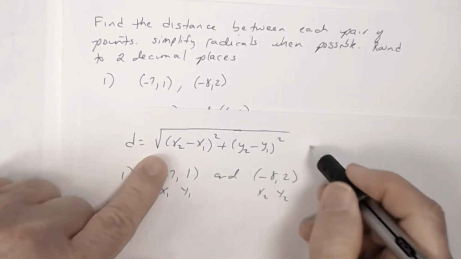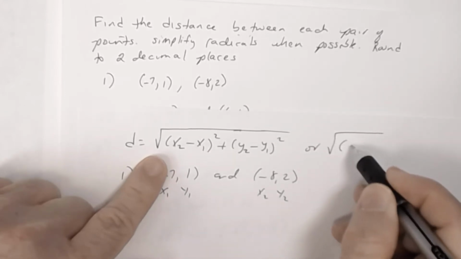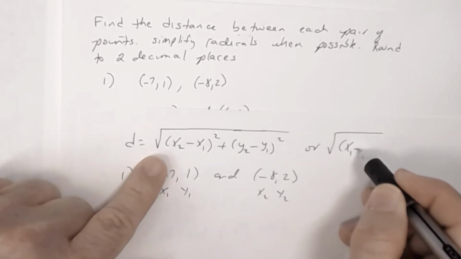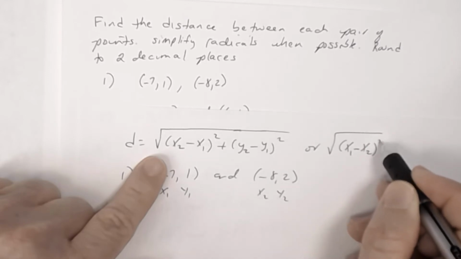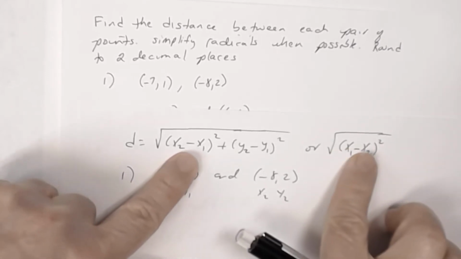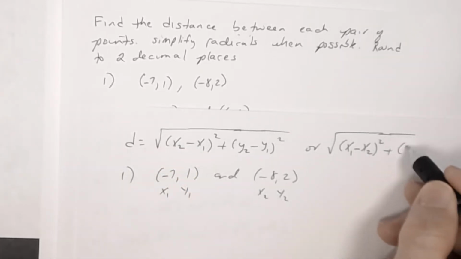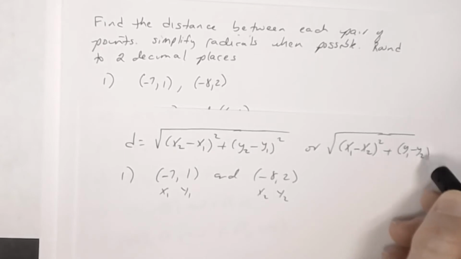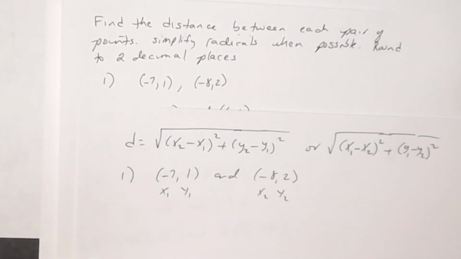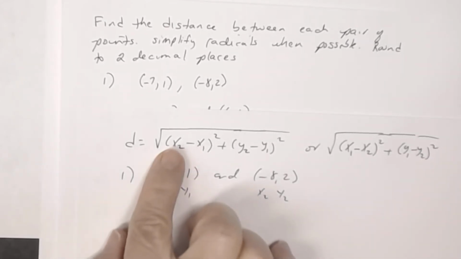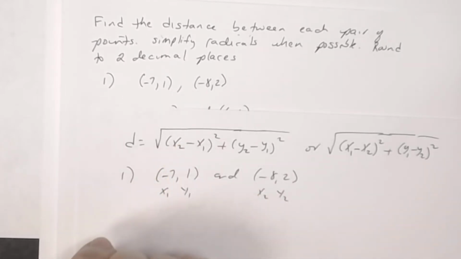Okay, so in other words, someone else could have said, could I say x1 minus x2? Yeah, because you're squaring it, and whatever it is going to be positive anyway, right? Plus, and then you could do the same thing here, y1 minus y2 squared. Does not matter in which order you subtract, because you're squaring it.